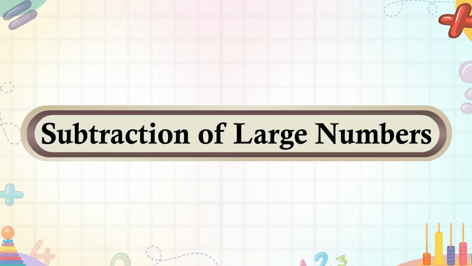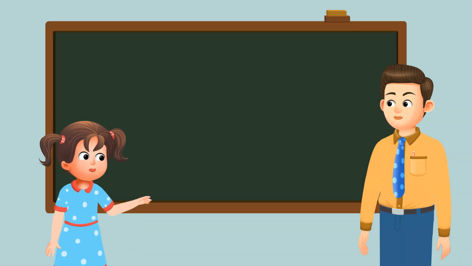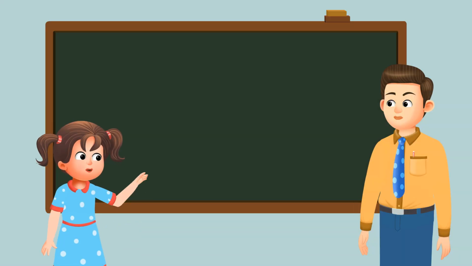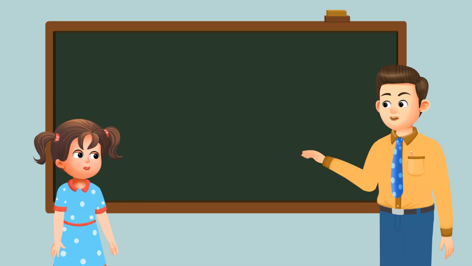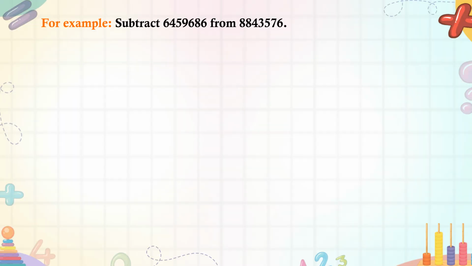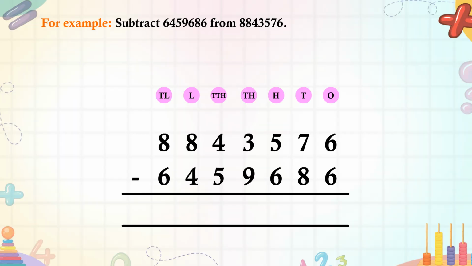Subtraction of large numbers. Now, can you explain to me how we can perform subtraction in large numbers? Sure, I'll try. For example, subtract 64,59,686 from 88,43,576.